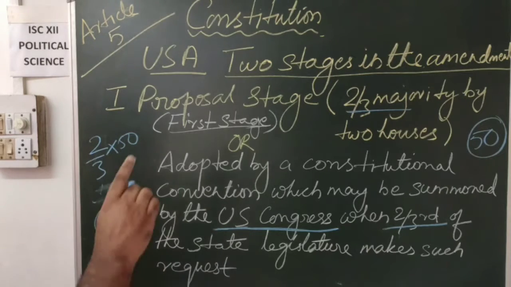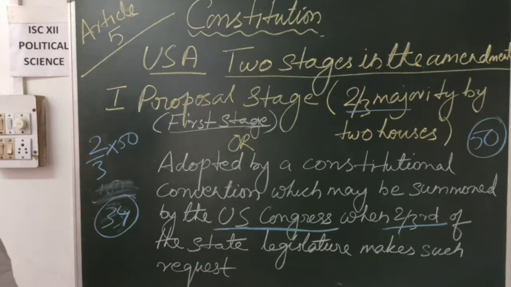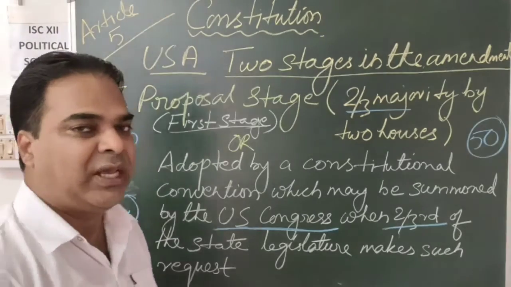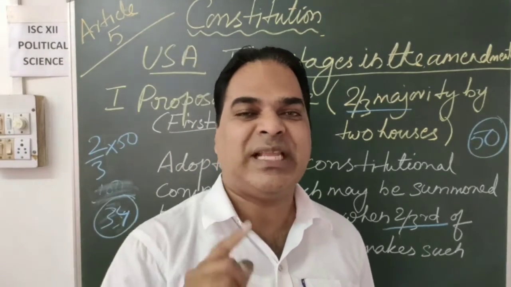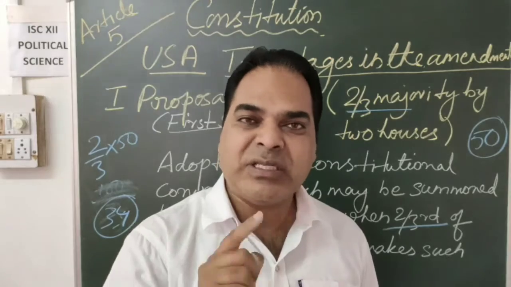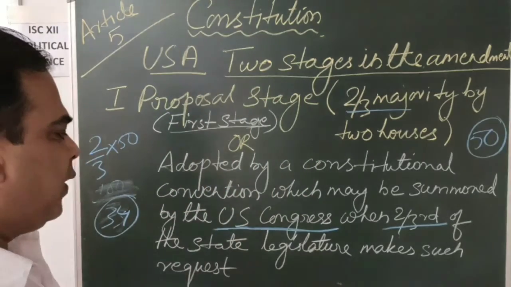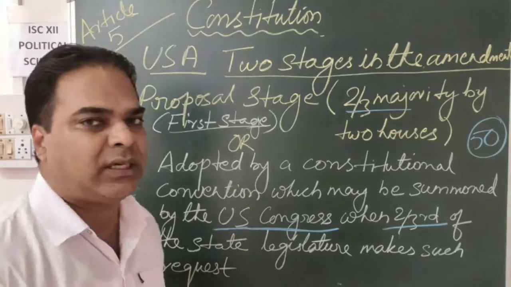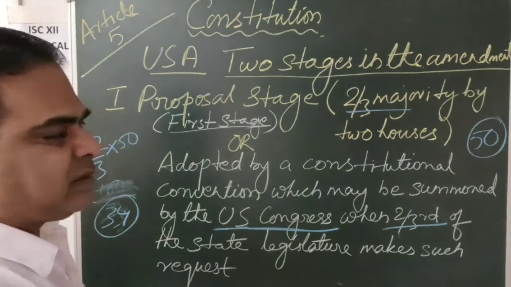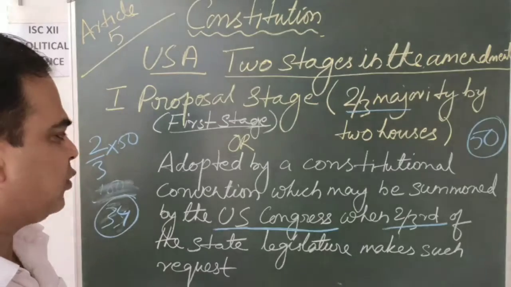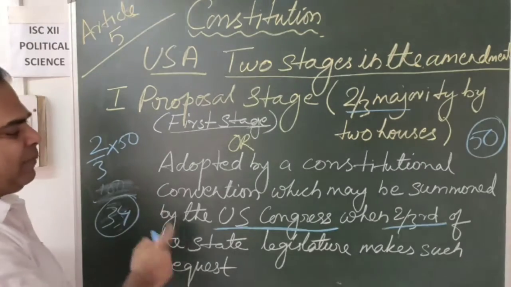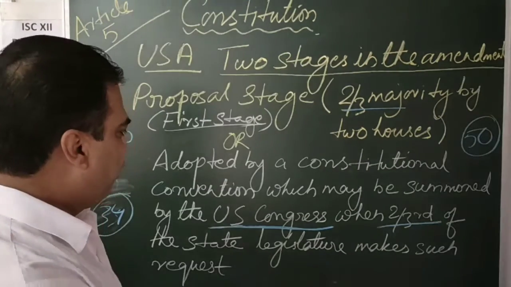So two-third of 50 will be 34. If 34 state legislatures request the US Congress to make some amendment, then it is done by the US Congress. Once again, a constitution amendment can be adopted. So this is the process.